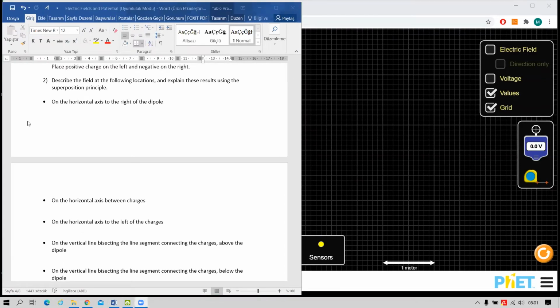Describe the field at the following locations and explain these results using the superposition principle: on the horizontal axis to the right of the dipole, on the horizontal axis between the charges, on the horizontal axis to the left of the charges, on the vertical line bisecting the line segment connecting the charges above the dipole, and on the vertical line bisecting this line segment below the dipole.